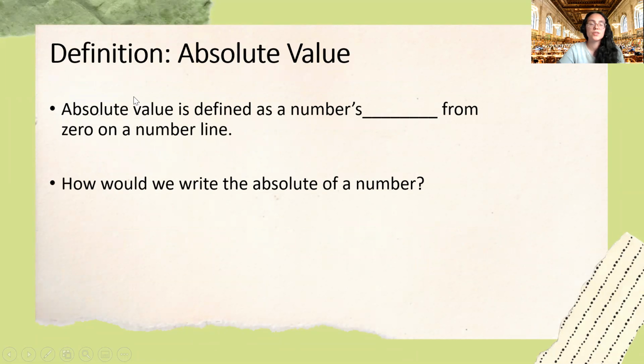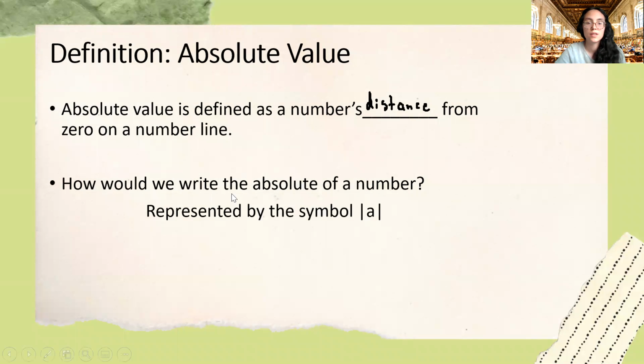So now we're going to introduce our definition of absolute value. An absolute value is defined as a number's distance from zero on the number line. And how would we write the absolute value of a number? Well, it would actually use some new symbols, these straight lines, with the number, and remember a is a number, so it would look something like this.